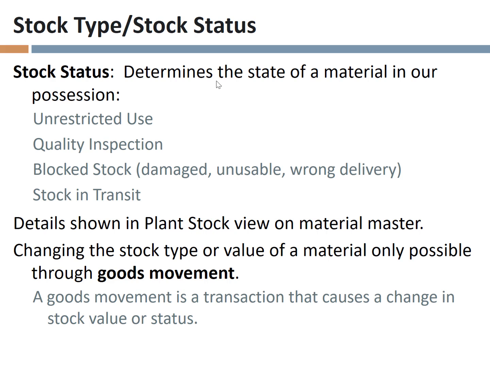When it gets to plant 11, before it passes quality inspection, I can't really do anything with it except wait for it to be inspected. So while it's true that a goods movement typically does mean that the items are moving, of equal note is the fact that it causes the stock status to change in regards to what's actually going on with a particular material.